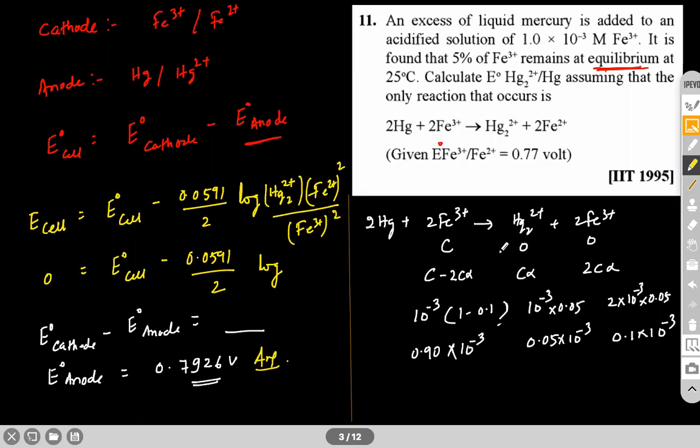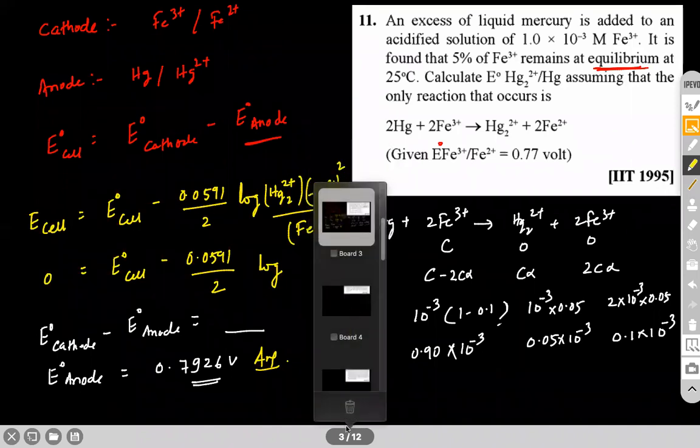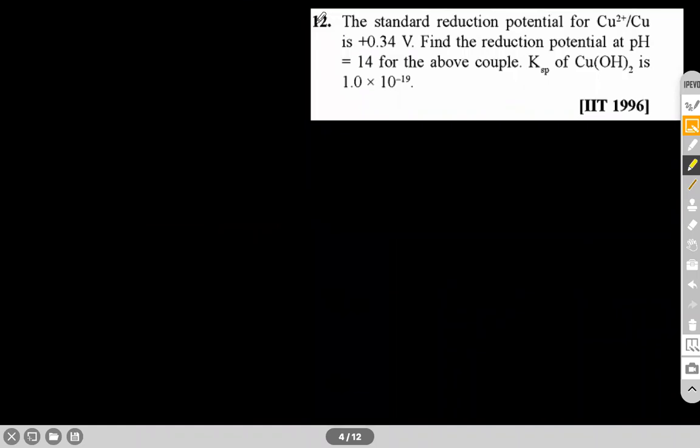Okay, now you see the next question. The standard reduction potential of copper is given as 0.34, right? Find the reduction potential at pH 14 for the above couple.